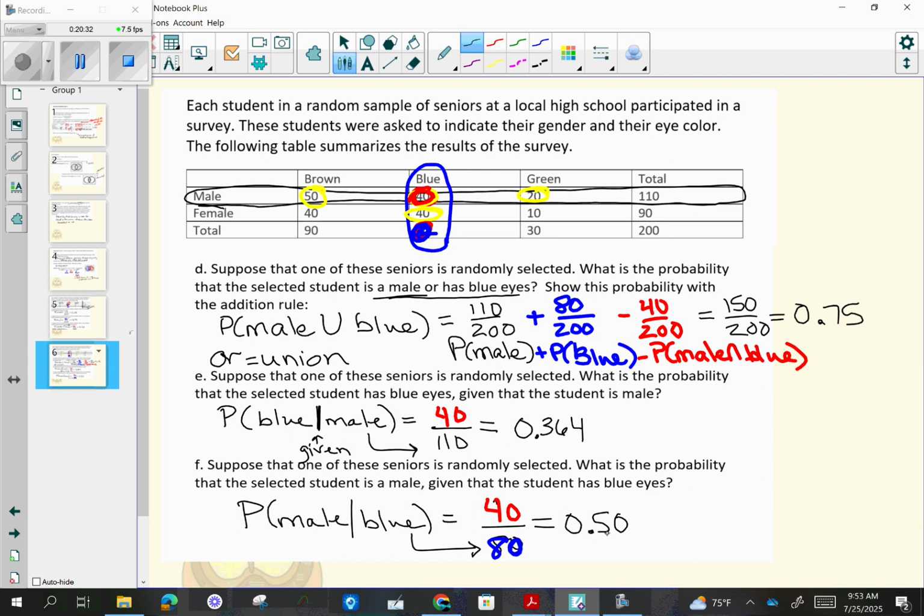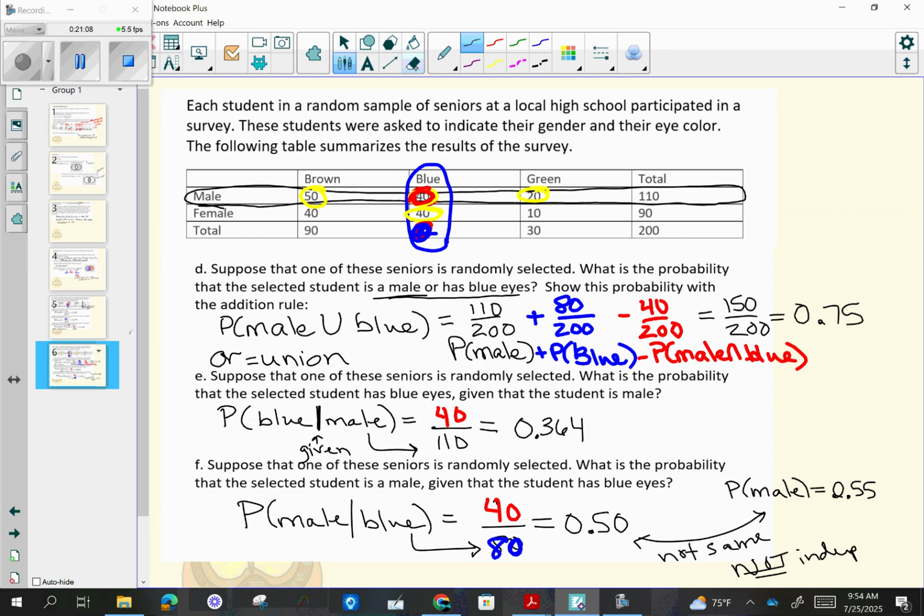Now, one of the cool things that you can do to tell if something's independent or dependent is actually look at the two values that we've got. Up in A, we said the probability of male was 0.55. Because these two are not the same, knowing the blue eyes changed the probability, so they are not independent.